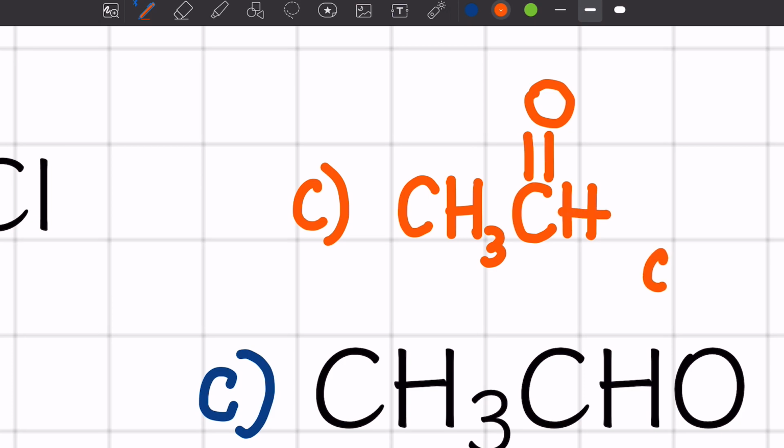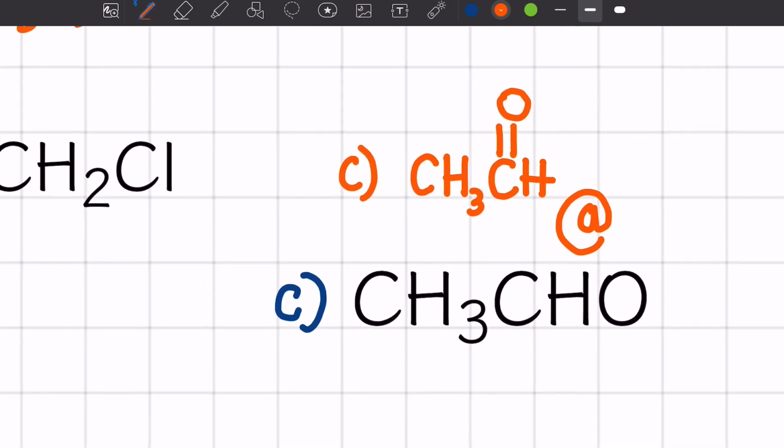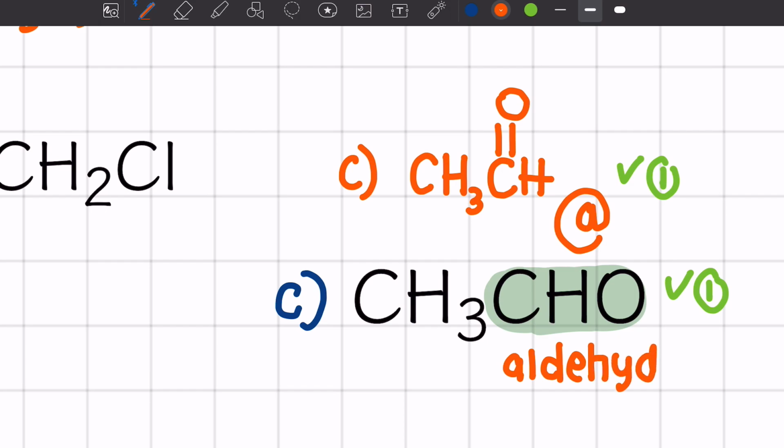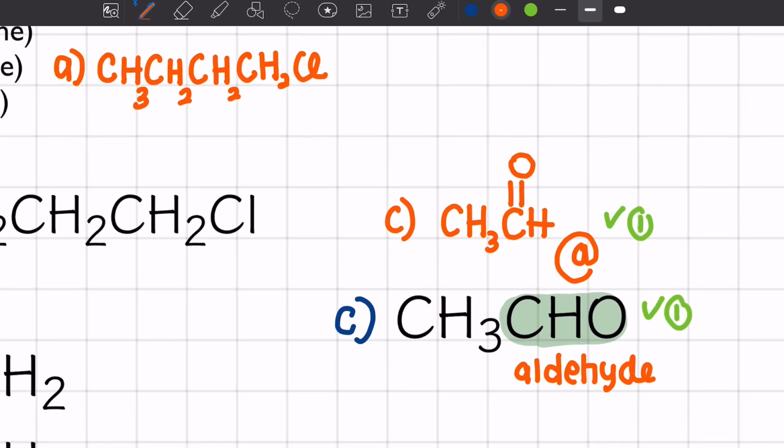Ataupun boleh juga dilukis macam yang Madam buat ni kat bawah. CHO. So, once kita nampak saja CHO, kita dah tahulah ini adalah aldehyde.